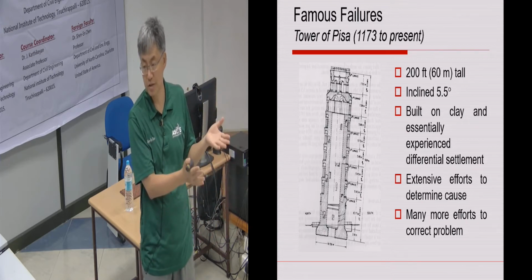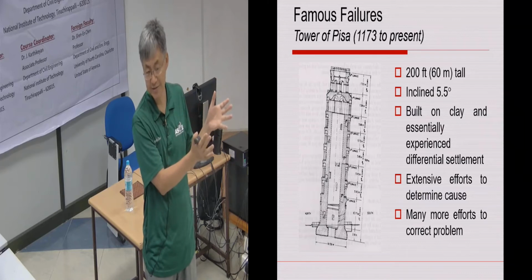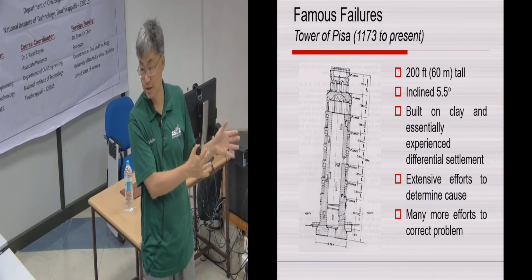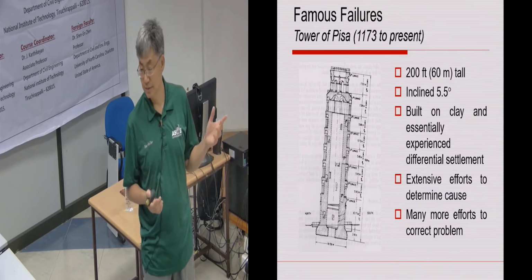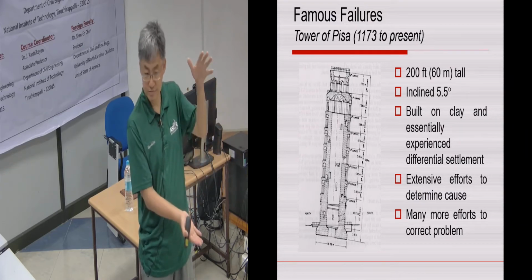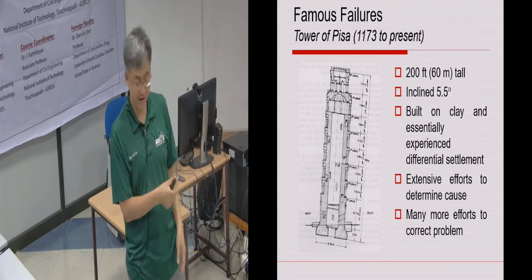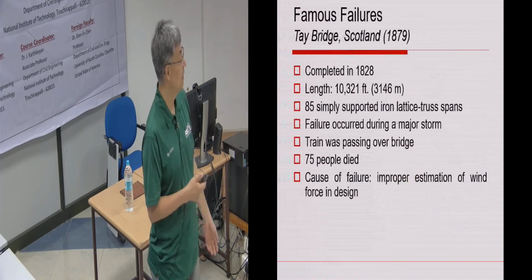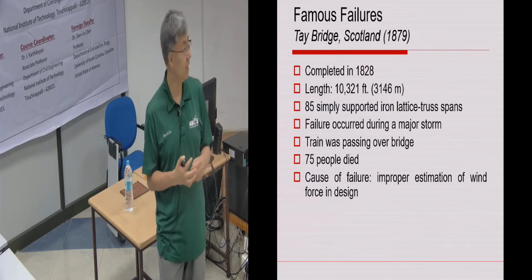They do want to make sure it always stays at that incline, so some earthwork has been done in this case, but nobody to this day wants to make it straight up. So this is a very interesting problem.